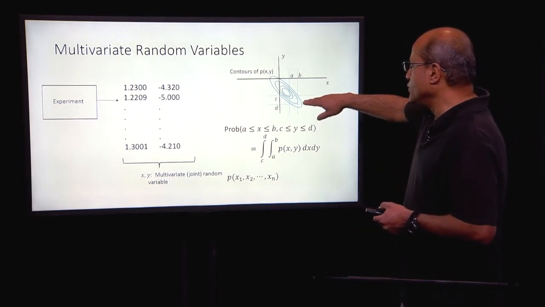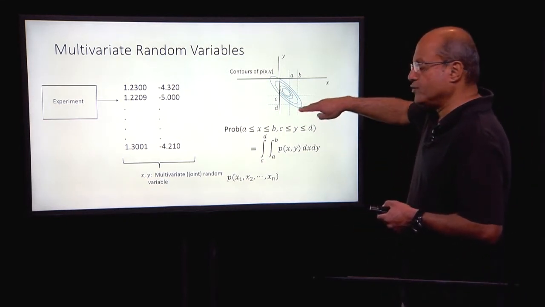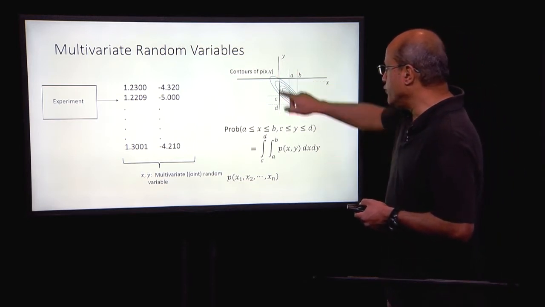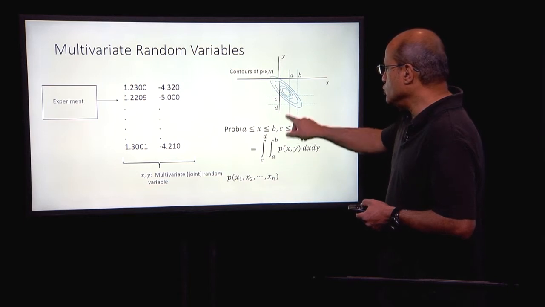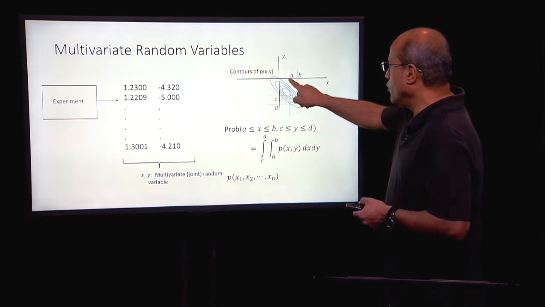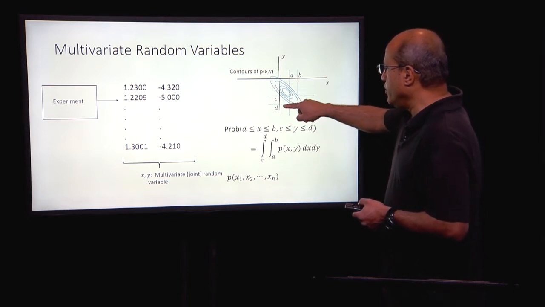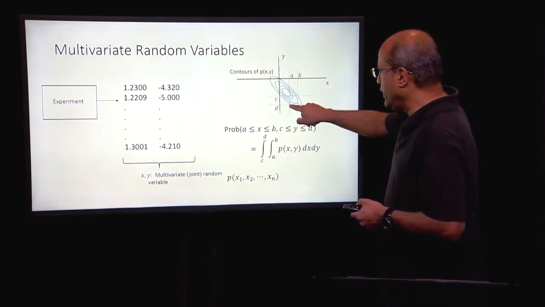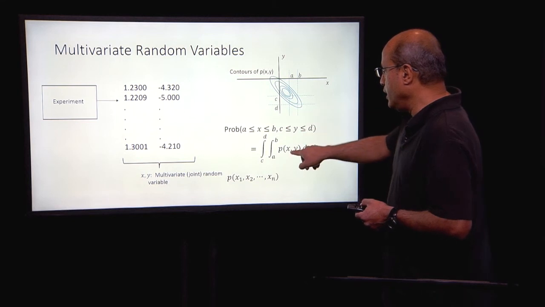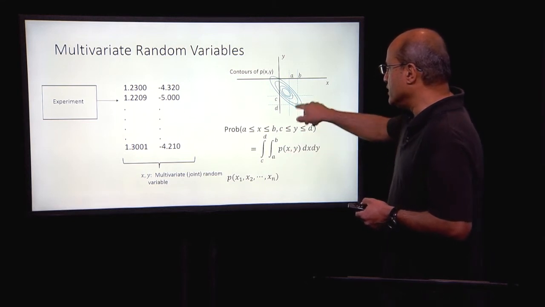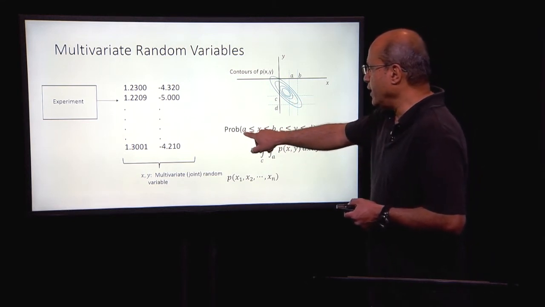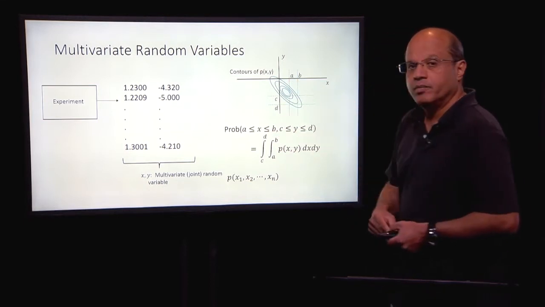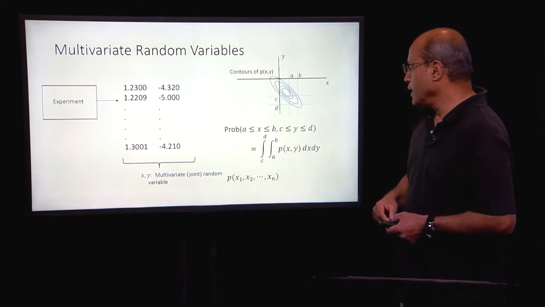And just as we did for the scalar case, the single variable case, I can define the probability density function as a function whose integral for x limits between a and b and c and d, which is for x and y together taking values in that square, the integral of pxy over that square is the probability that x occurs between the bounds a and b, and y occurs between the bounds c and d.